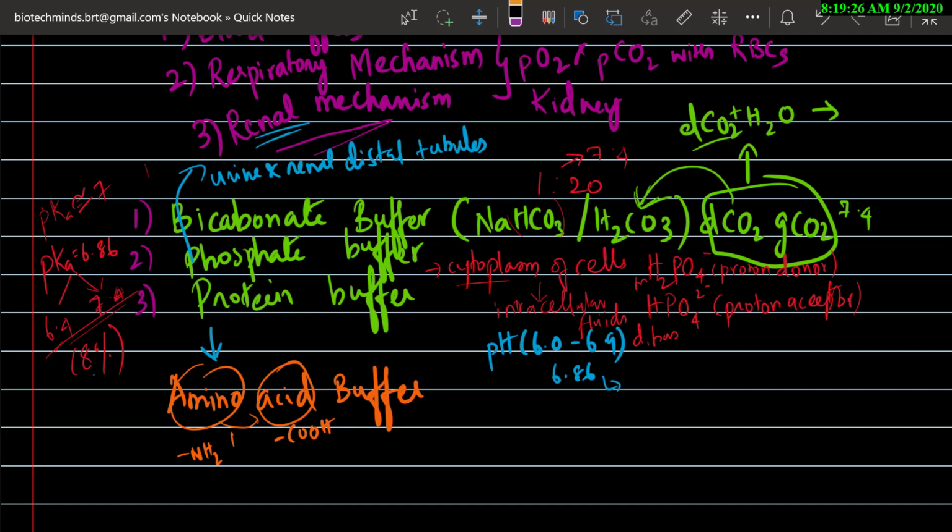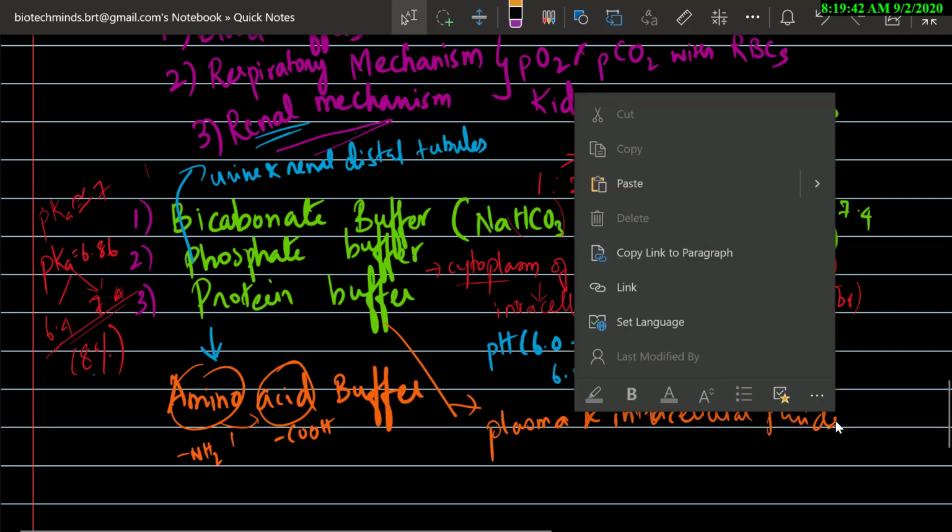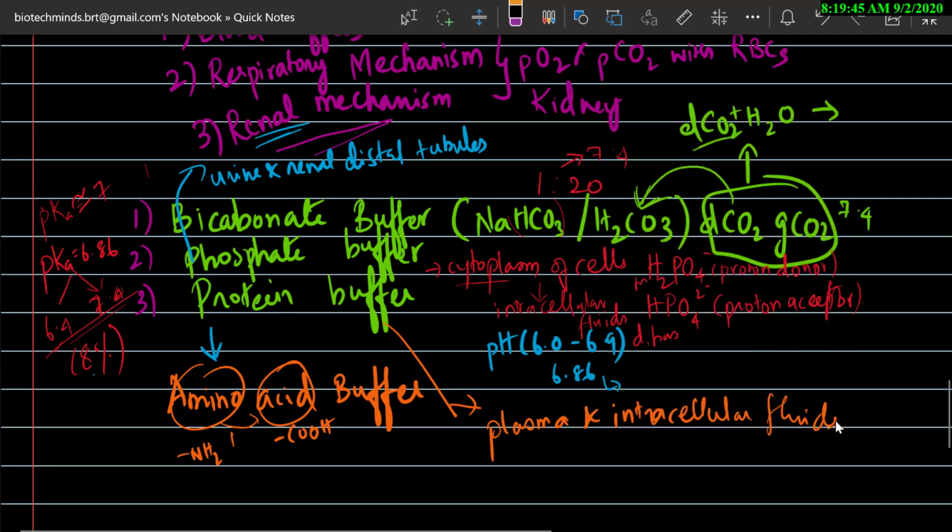These protein buffers are very important in blood plasma and intracellular fluids. It is the main component system acting on plasma as well as intracellular fluids. It provides conjugate bases, in general termed PR minus.